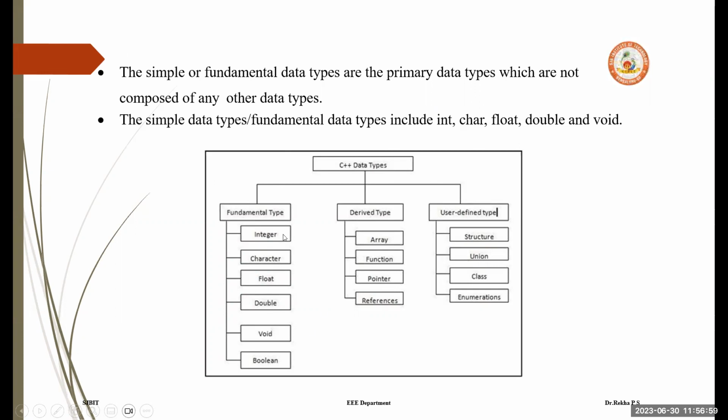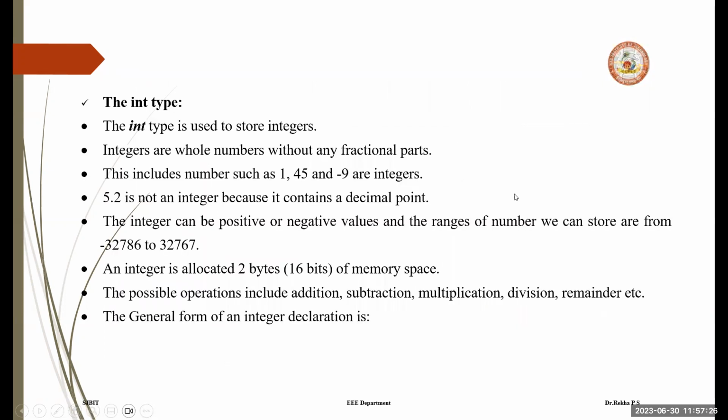Under fundamental data types, integer, character, float, double, void, and boolean come. Under derived data type, array, functions, pointers, references will come. Under user-defined data types, structure, union, class, enumerations. This is the hierarchy of C++ data types.